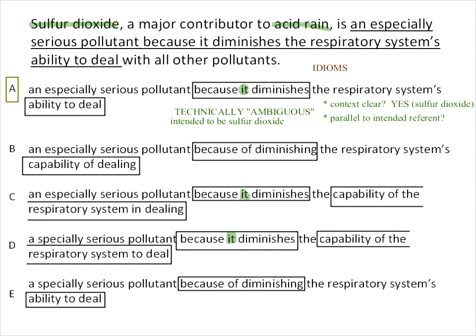Well, let's check. What role does sulfur dioxide play in this clause? Just go ahead and type in the text box. What is the grammatical role played by sulfur dioxide here? It is the subject. So this is the subject of the clause.